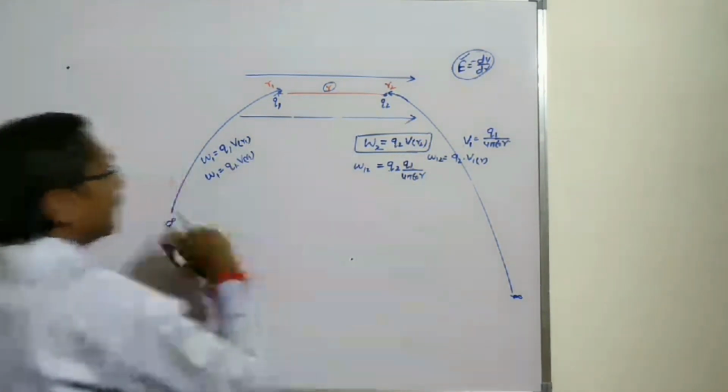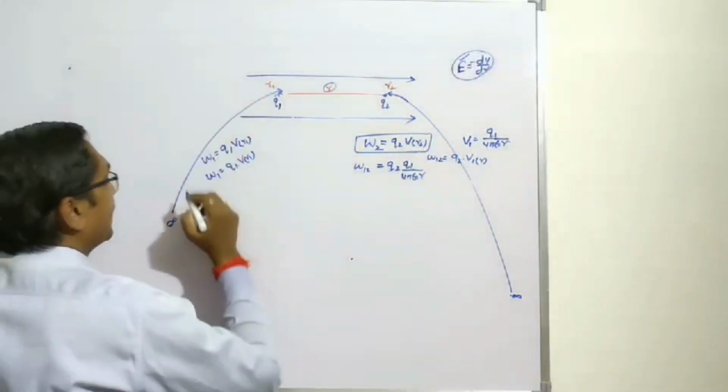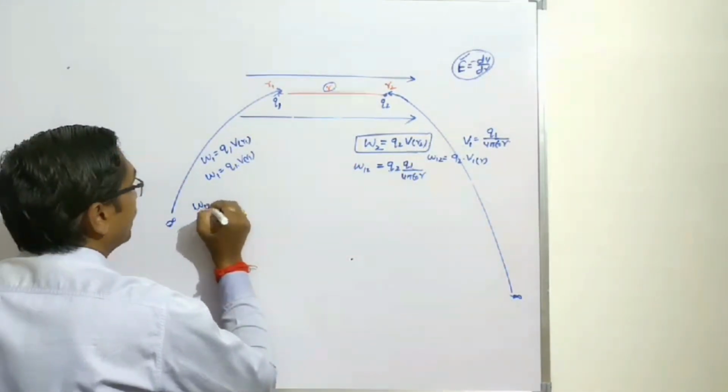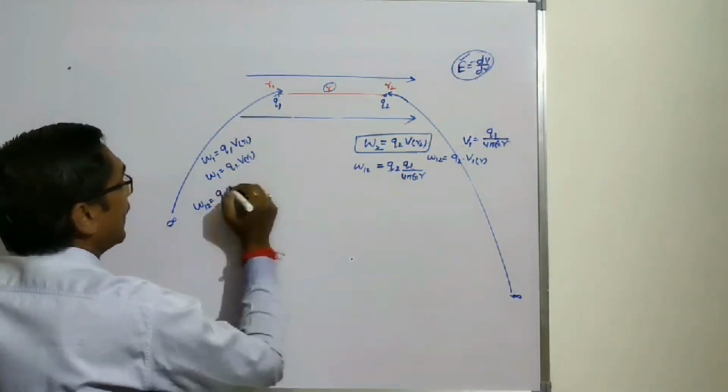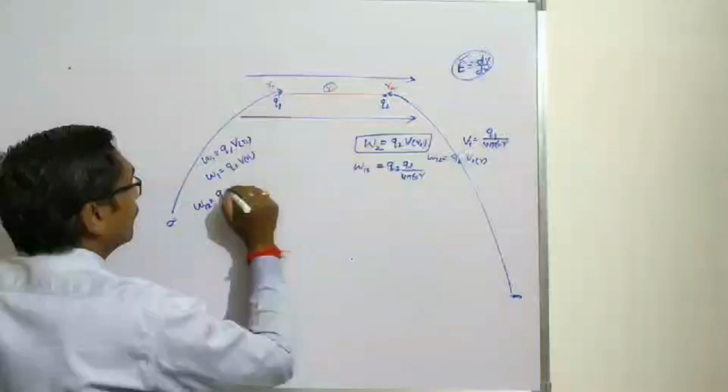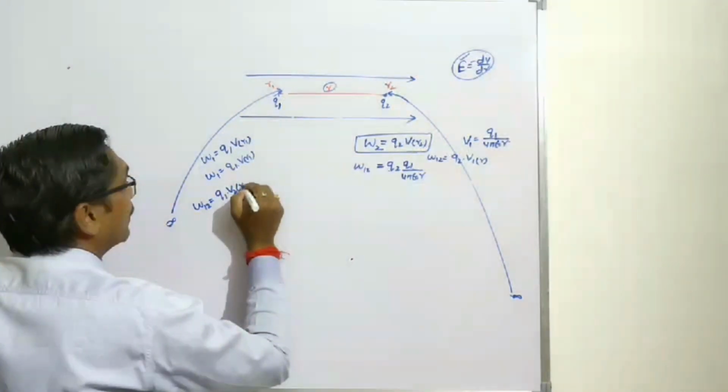Similarly, the work done in the presence of the Q2 electric field, W12, is equal to bringing the test charge Q1 in the electric field present, Q1 V2.